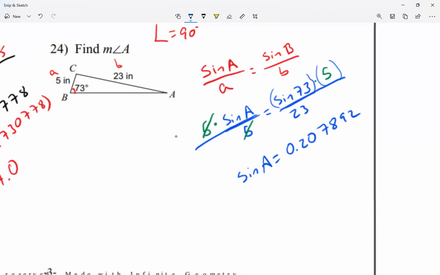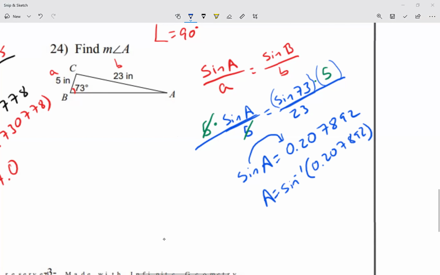So 6 decimal places is fine. Now, for me to solve for angle A, I'm going to say it is sine inverse. Because remember, when I'm moving sine to the other side, make sure you switch it to sine inverse of 0.207892. So let me come back to my calculator here.